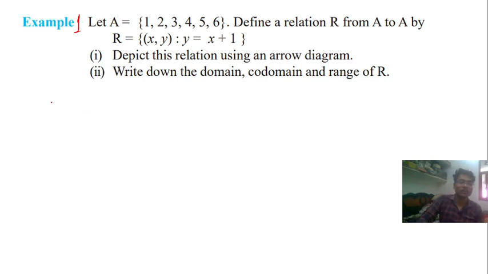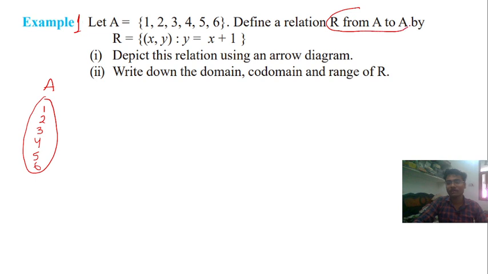First we will find the relation from A to A. This is our set A, 1, 2, 3, 4, 5, 6, and they want a relation from A to A, so our next set B will also be A, 1, 2, 3, 4, 5, 6.